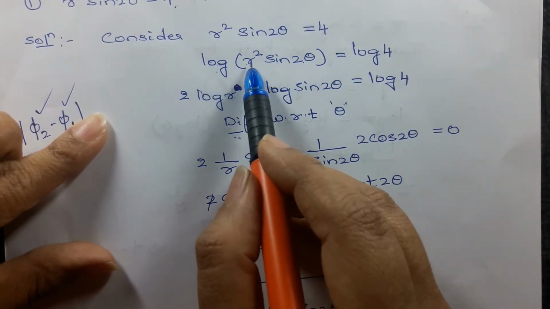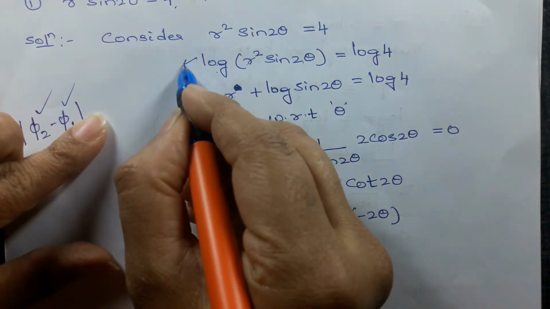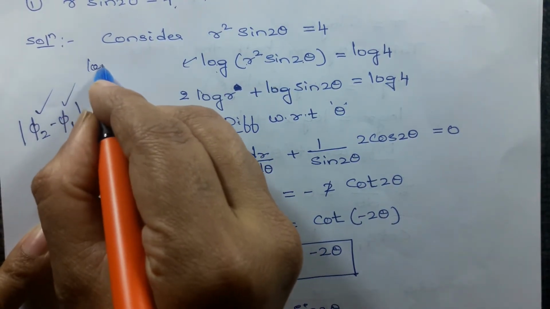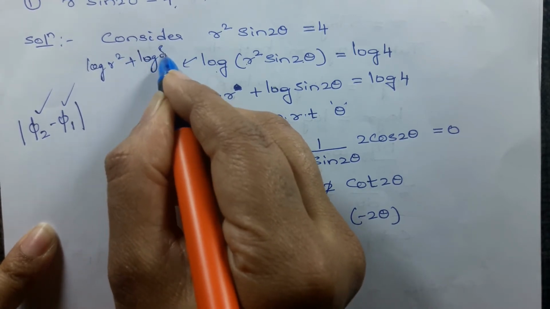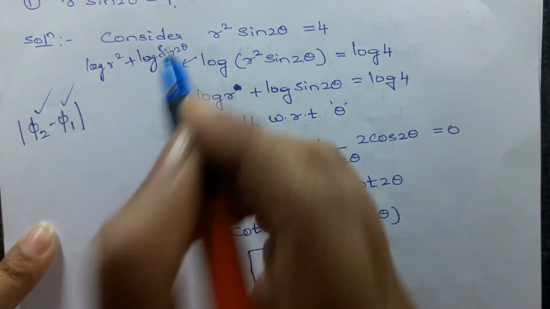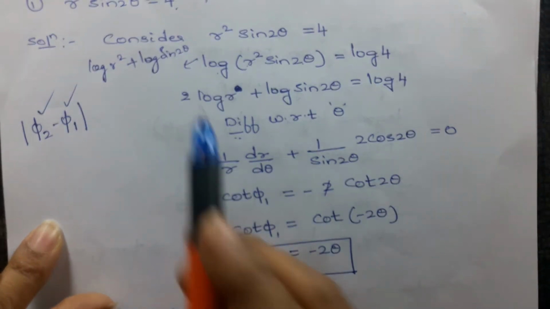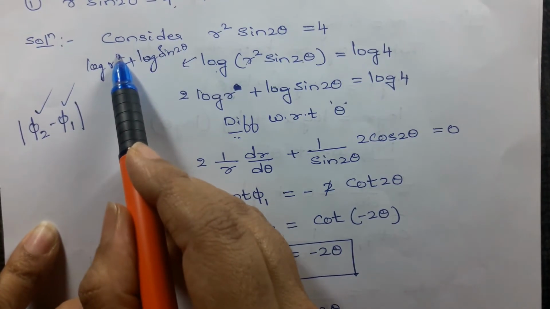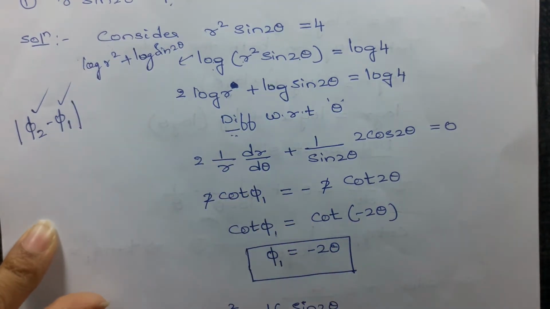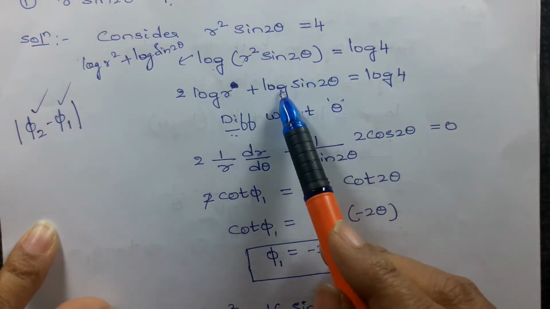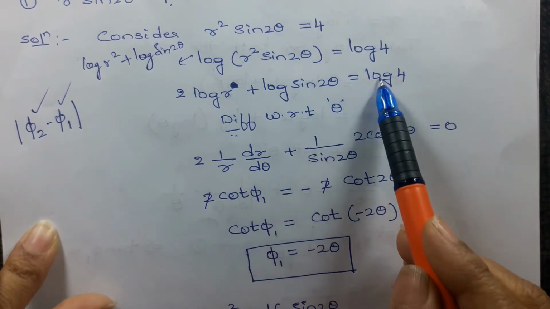Now this is log of a into b, which can be written as log r square plus log of sin 2 theta. Correct? Log a plus log b. Log of r square can be written as 2 log r using the logarithmic property, plus log of sin 2 theta is equal to log 4.